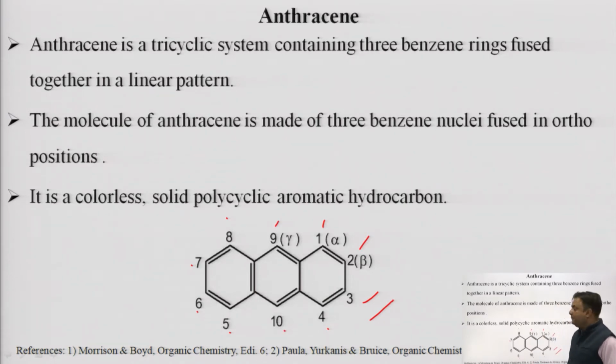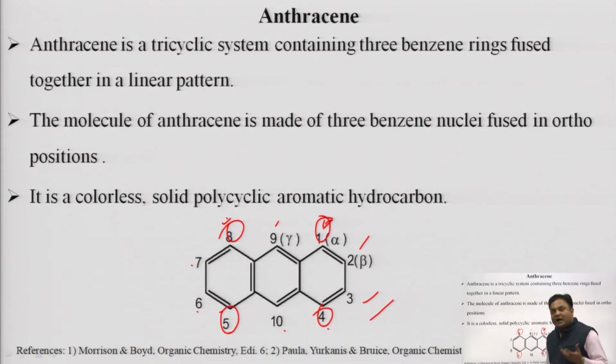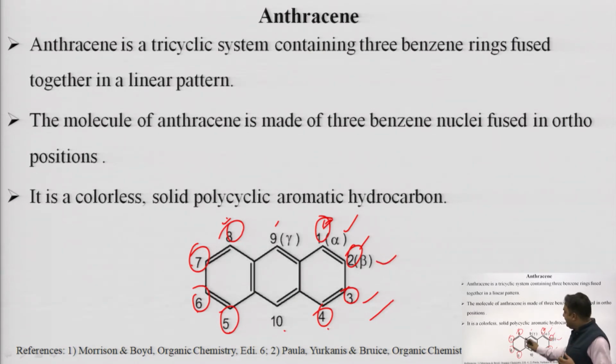When we compare the different carbons of the anthracene molecule, we find that 1, 4, 5 and 8, these 4 carbons, are equivalent and are known as the alpha carbons, while 2, 3, 6 and 7 are equivalent and are known as the beta carbons, while 9 and 10 carbons are again equivalent and are known as the gamma carbons.